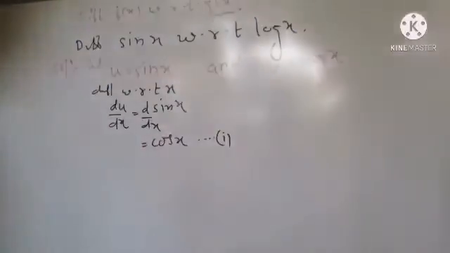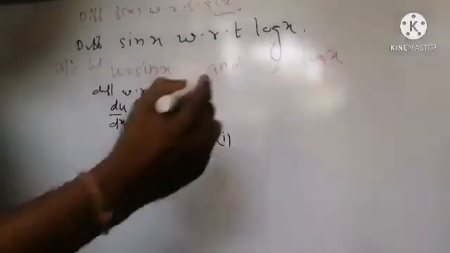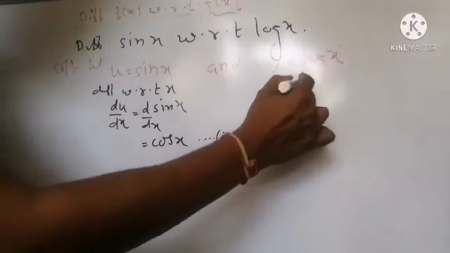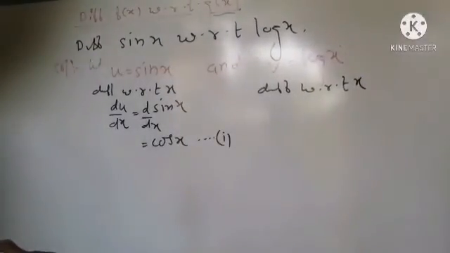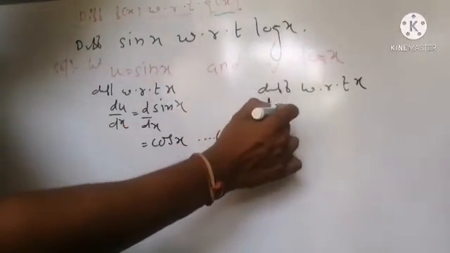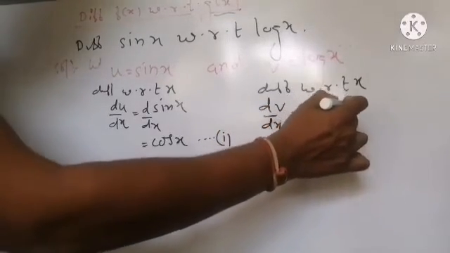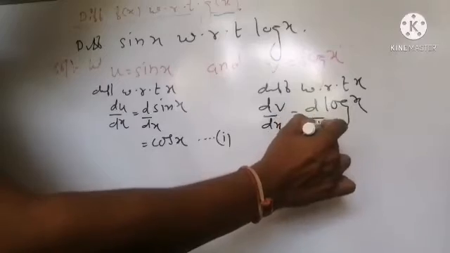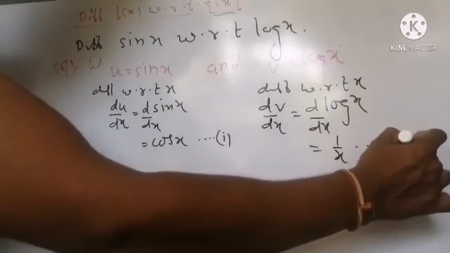And in the second part also, as v is dependent and x is independent, we can differentiate this also with respect to the independent variable x. Again operating d by dx, on the left hand side I get dv by dx, on the right hand side the derivative of log of x with respect to x is 1 by x. I put this as number 2.